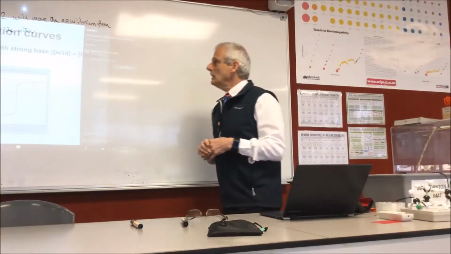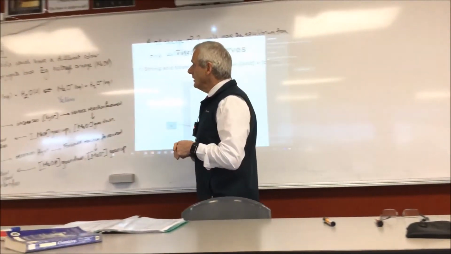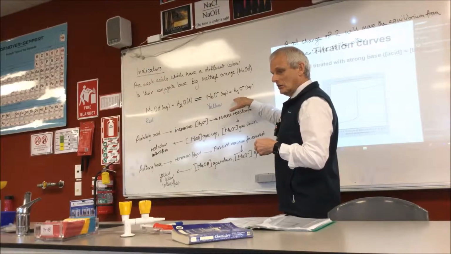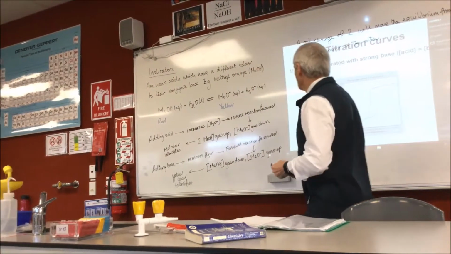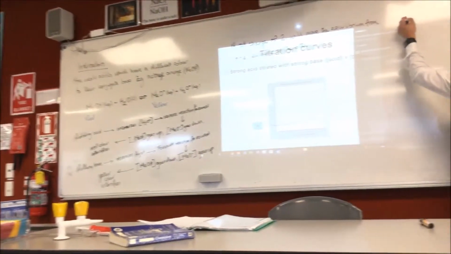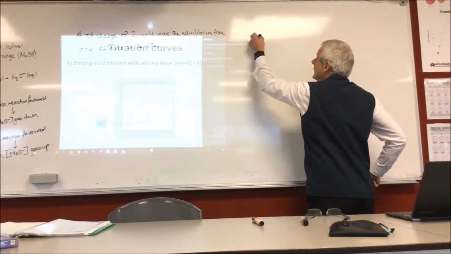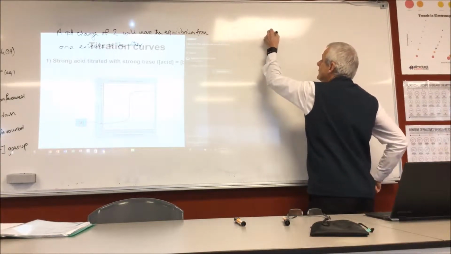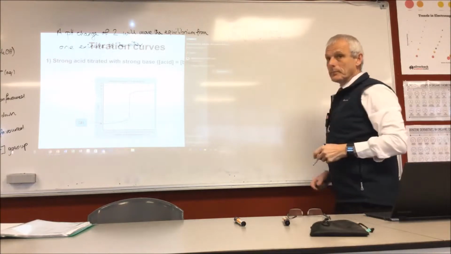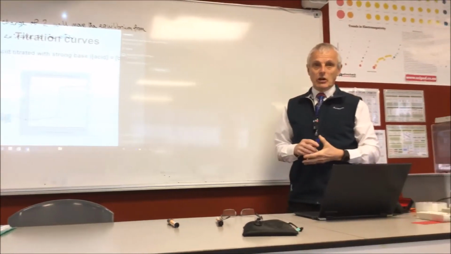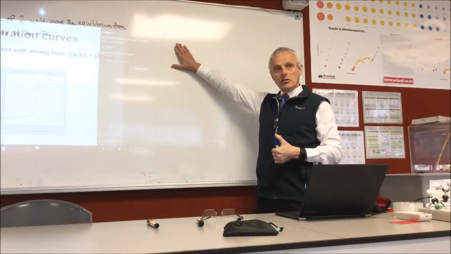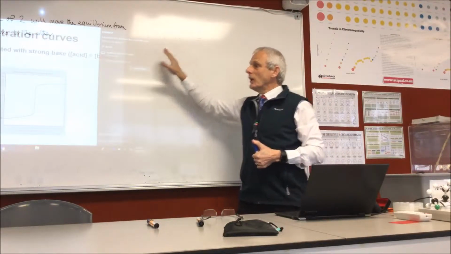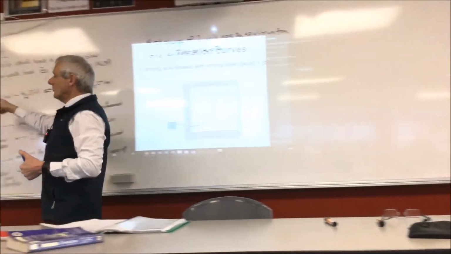And what we need to look at is the pKa of, say, this indicator. So the pKa for methyl orange is 5.3. So if the pH of the solution in which methyl orange is sitting is 5.3, what does that tell you about the concentrations of these two?